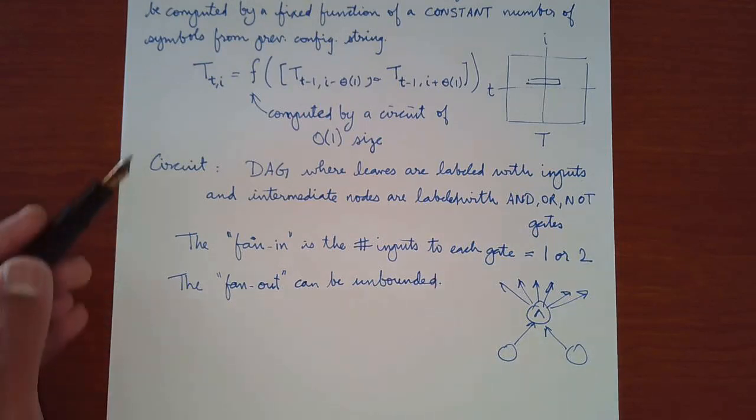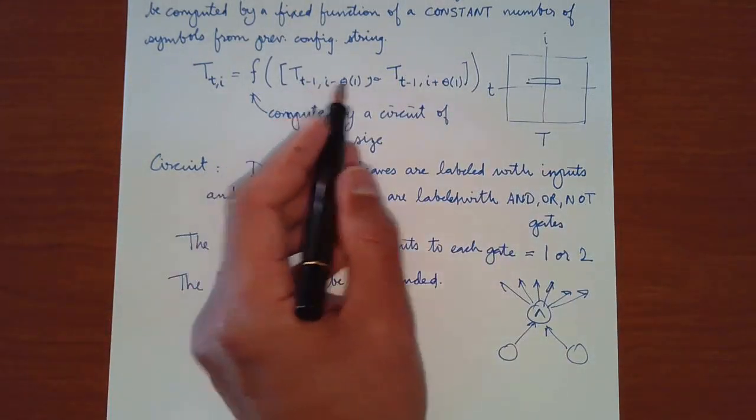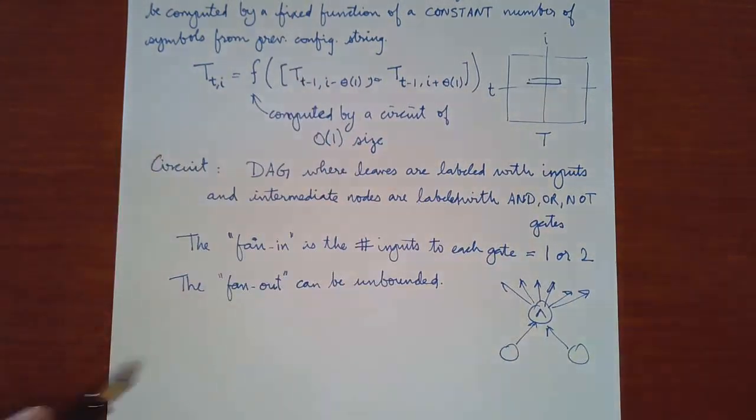So this is what I call a circuit. It's a DAG. So here the inputs are labeled with the symbols here, and you have a DAG to compute T of i.